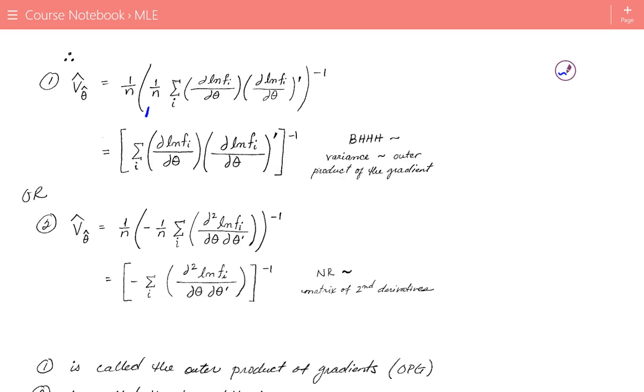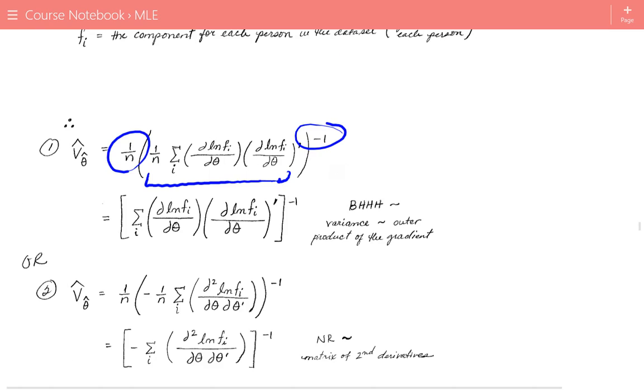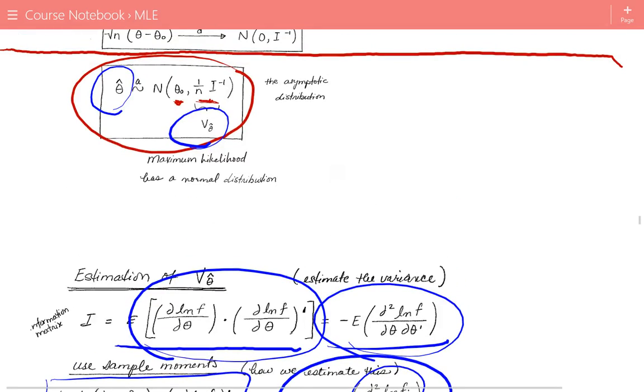is using the sample moment for the information matrix, and then taking its inverse and taking 1 over n, right? Why am I doing all of that? If you remember, it is 1 over n, the inverse of the information matrix.